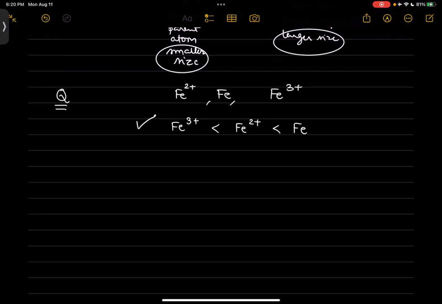Let's say you take Na+, Mg2+, and Al3+. I can tell you their atomic numbers. The 11th element is sodium, the 12th is magnesium, and this is the 13th. And you need to tell me how many electrons are present in each.